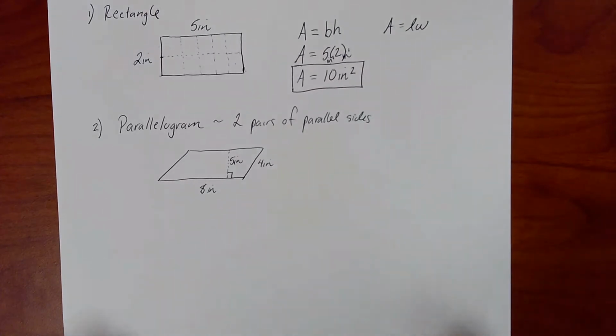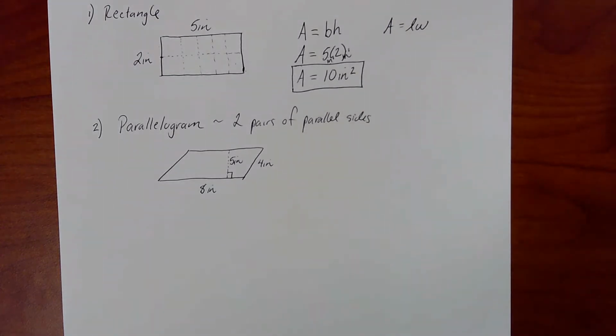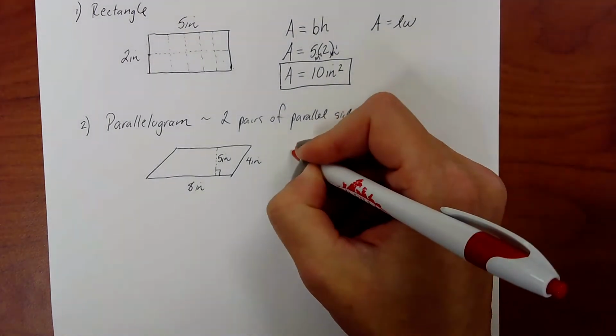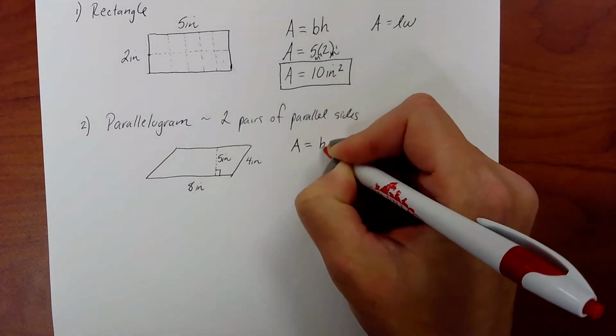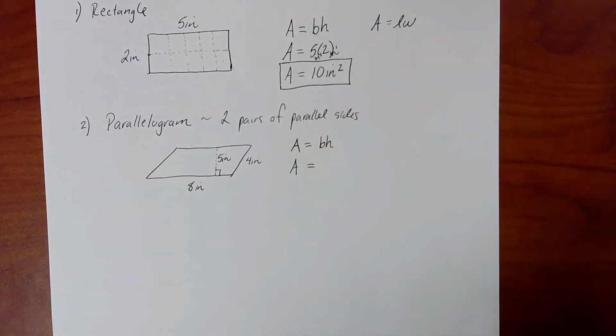Now how would we cut this up into squares? I'm actually going to pause it and show you guys a little magic demonstration. Okay, I hope you enjoyed that. So now we know it's just base times height. Which is the base and which is the height and which number aren't we going to use?